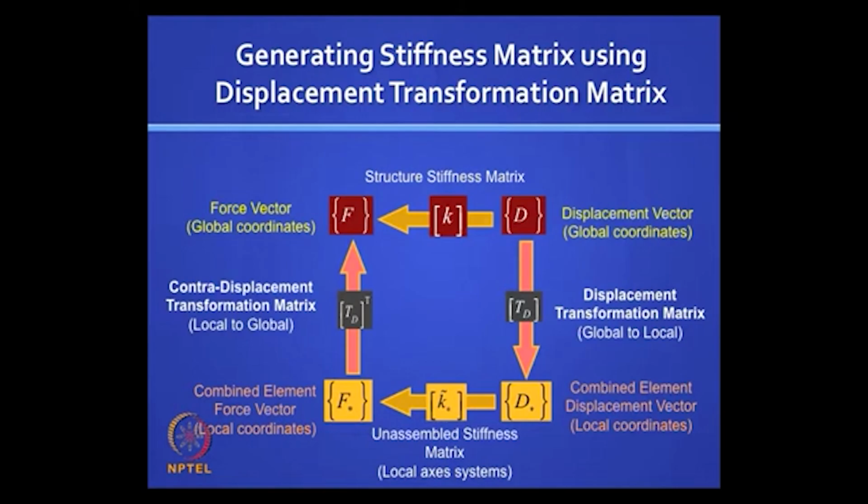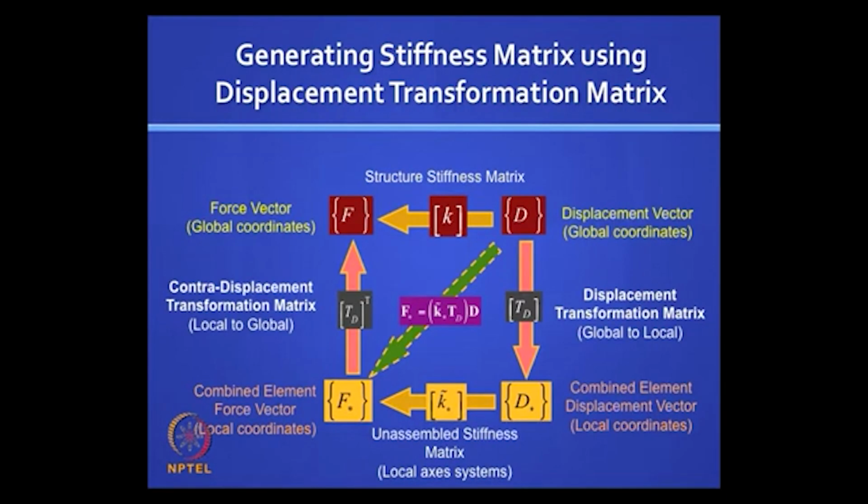The structure level on top, the element level below, TD flowing downward for displacements, TD transpose flowing upward for forces, then take the diagonal. The diagonal just says that if you tell me what the joint displacements are in a truss, immediately I will tell you what the bar forces are by doing this transpose, this matrix.